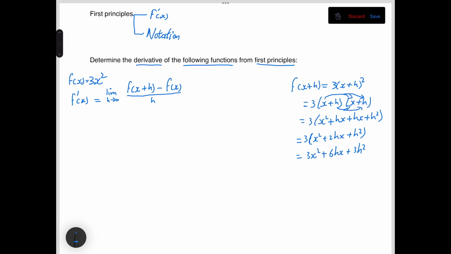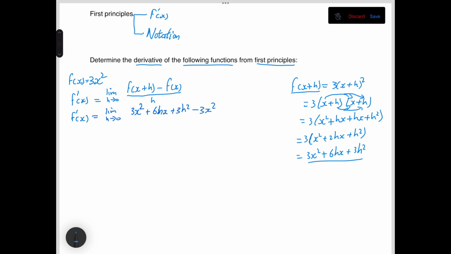Now we're going to substitute this in the place of f of x plus h. Remember, again, notation is very, very important. It equals the limit where h strives towards 0, and we substitute this 3x squared plus 6hx plus 3h squared, and we minus the original function from there.